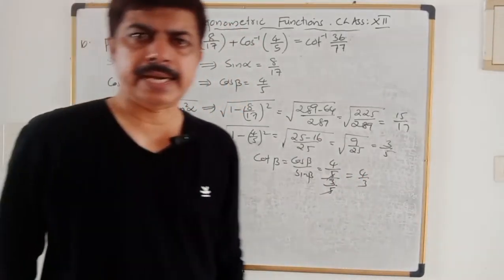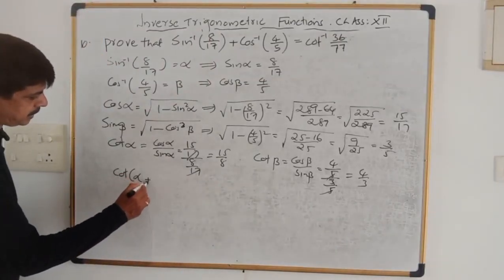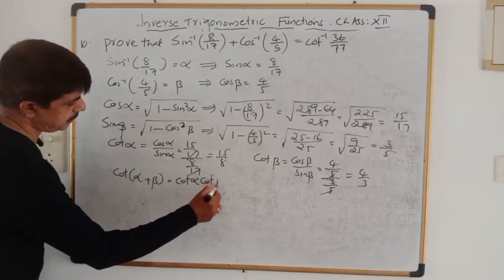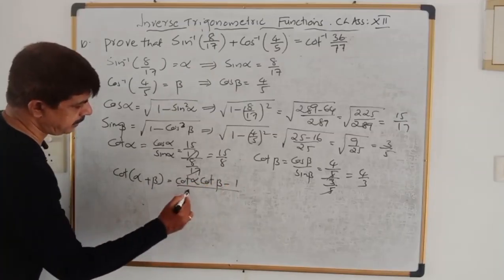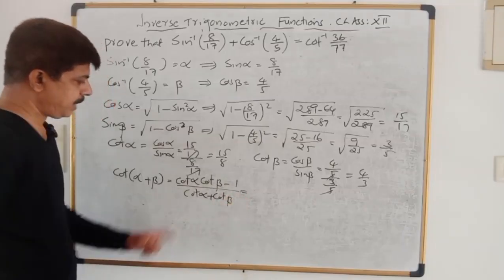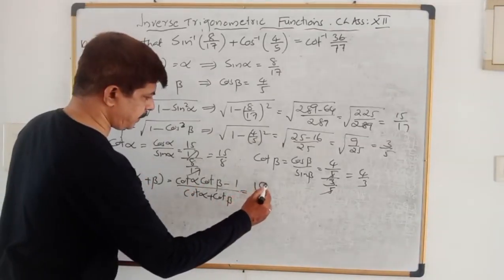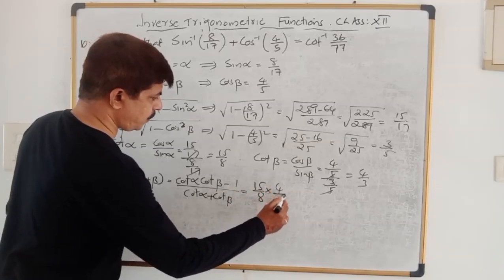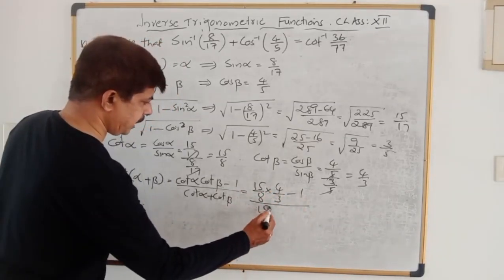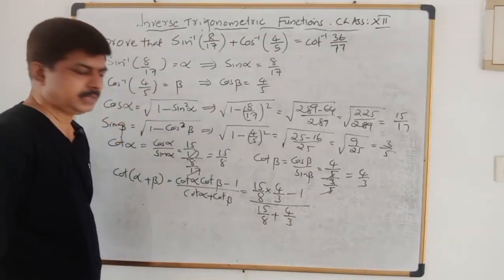Now we have one identity. Do you remember that identity? Cot alpha plus beta is equal to cot alpha cot beta minus 1 by cot alpha plus cot beta. We have the value of cot alpha here. 15 by 8 into 4 by 3 minus 1 by 15 by 8 plus 4 by 3.